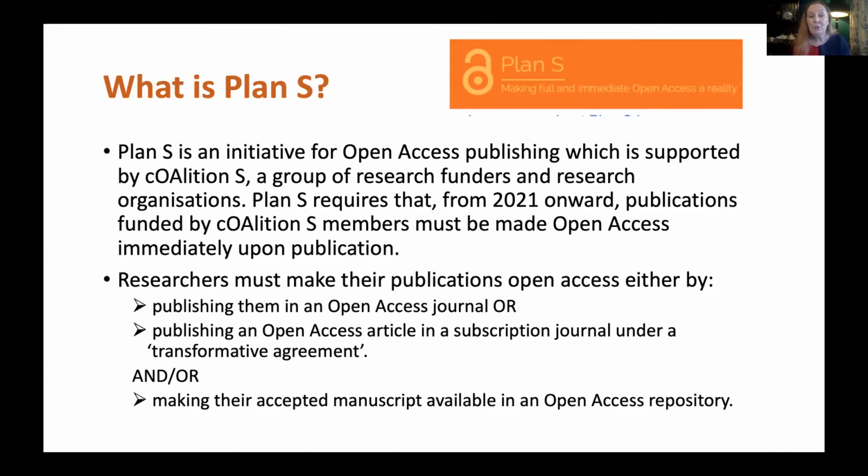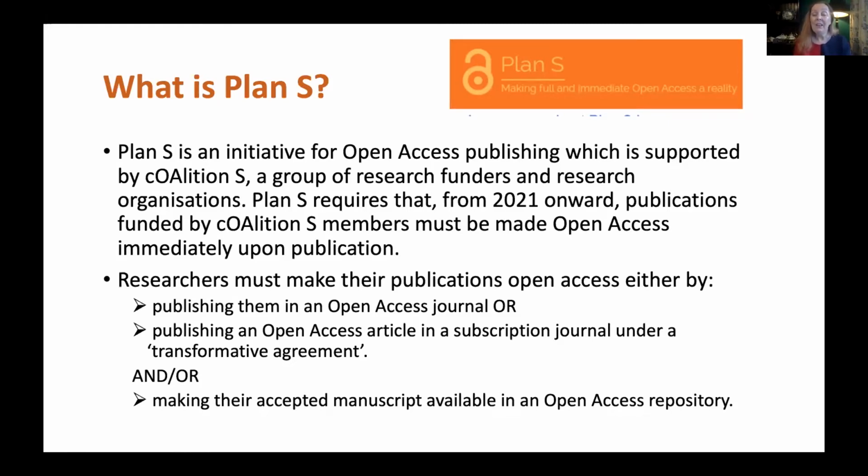It's an initiative for open access publishing that's supported by Coalition S, a group of research funders and research organizations. Plan S requires that from 2021 onward, publications funded by these Coalition S members must be made open access immediately upon publication. There's a few different ways of doing this, and Edie will talk to you about this in a very practical way at the end of my session.